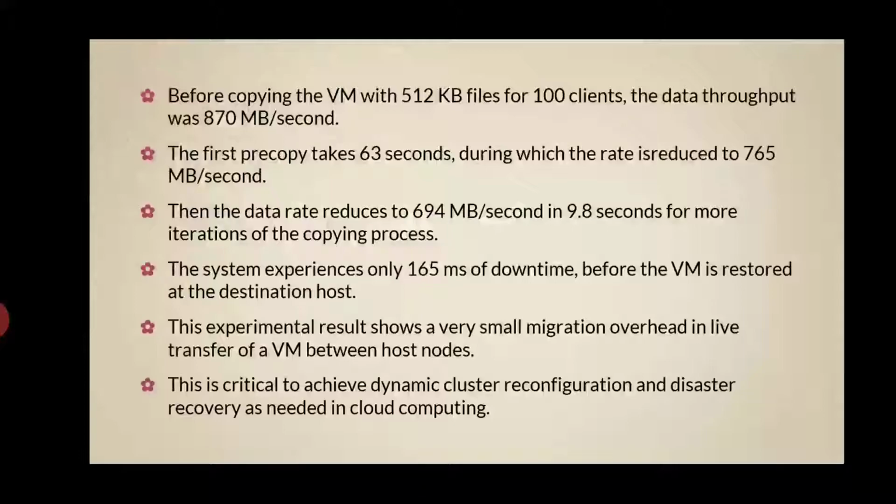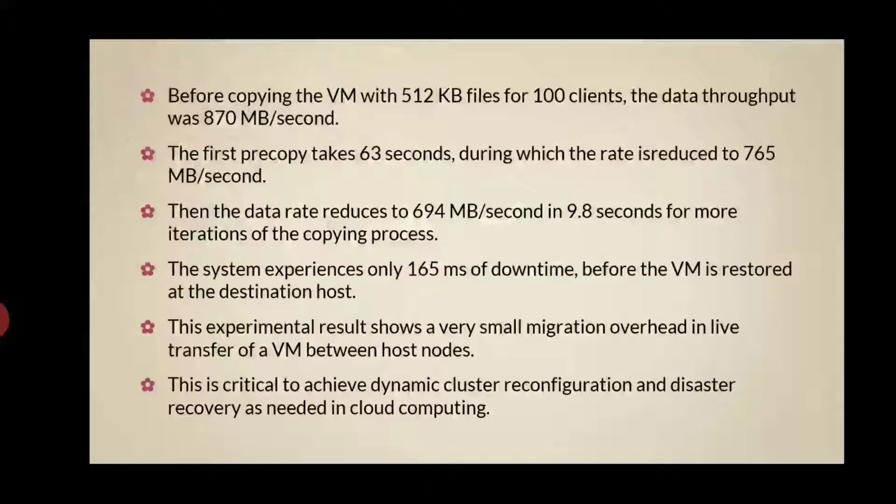We can see that before copying the virtual machine, with files of 100 KB for 100 clients, the data throughput was 870 megabits per second. The first pre-copy takes 63 seconds, during which the rate is reduced to 765 megabits per second.